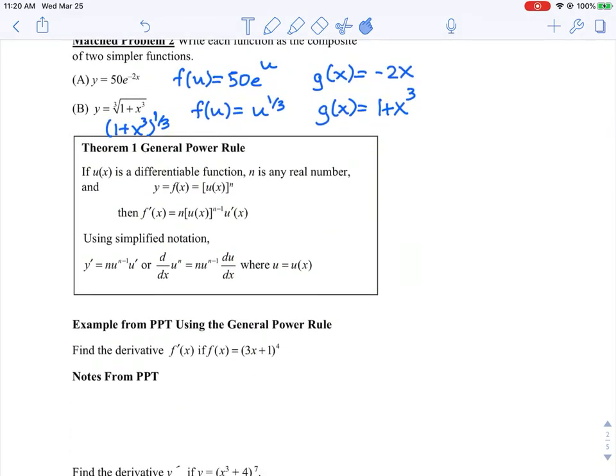Okay, so let's look at the general power rule. The general power rule states that we take our exponent, bring it down front, times our function raised to the n minus 1. But since it's a composite function, a function within a function, we now need to take the derivative of what's inside.